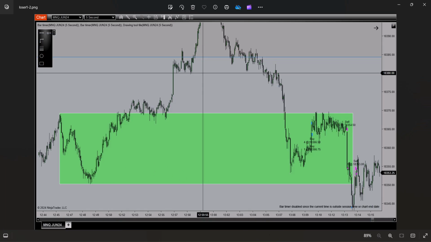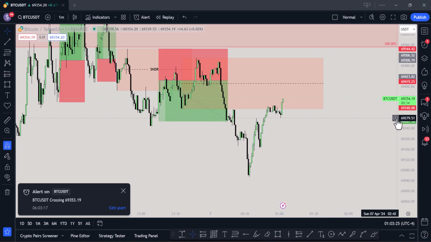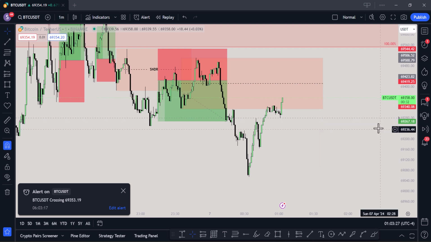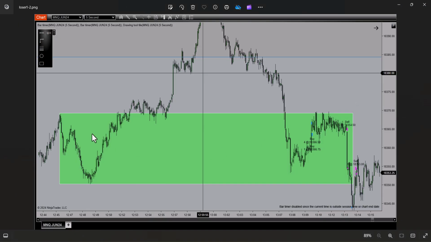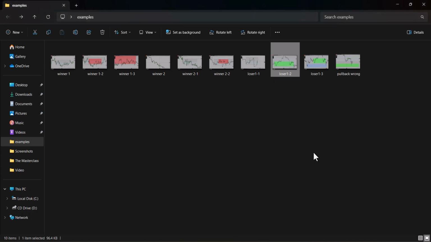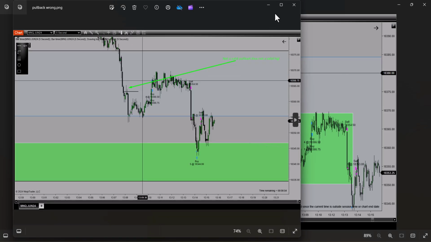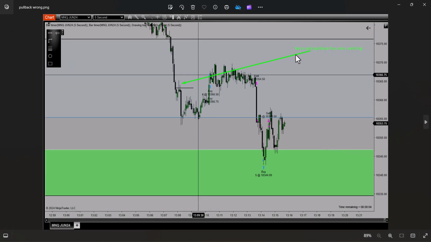So we have a 1 second or a 5 second unmitigated zone right here, and this unmitigated zone on the 5 second time frame is located right inside a higher time frame zone, which is the 1 minute.